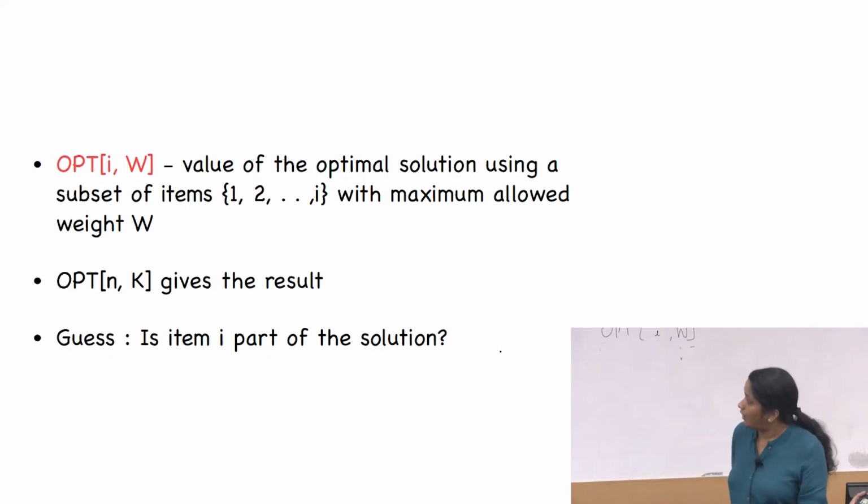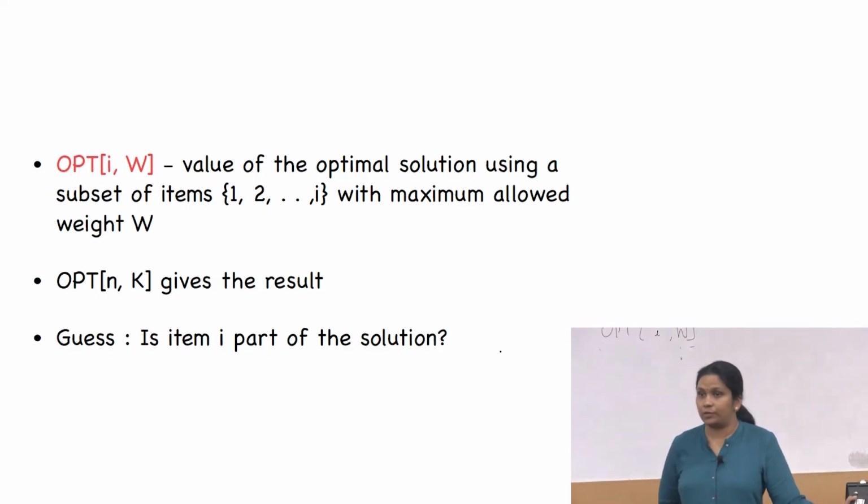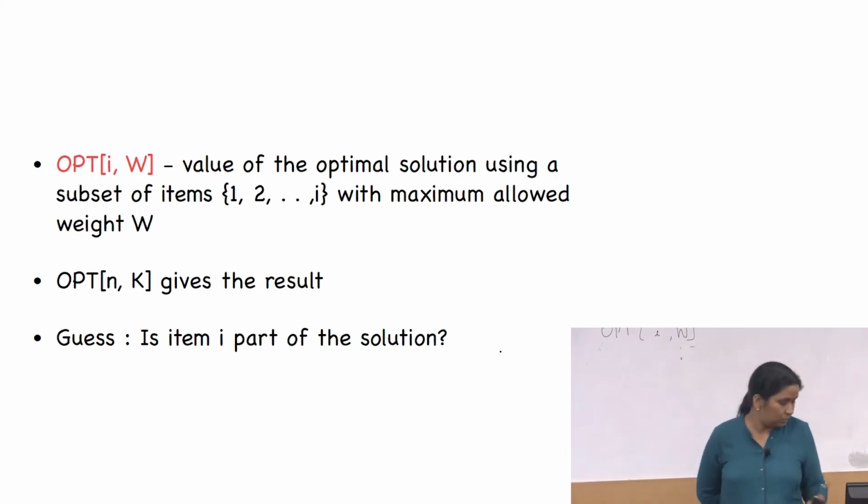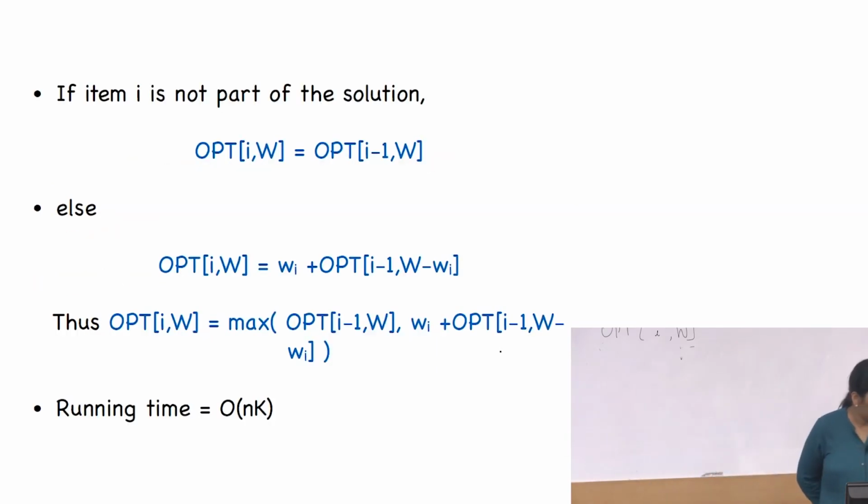What happens if it is part of the solution? Again I minus 1, and of course the value Vi plus opt of I minus 1, and the capacity has changed: W minus Wi.